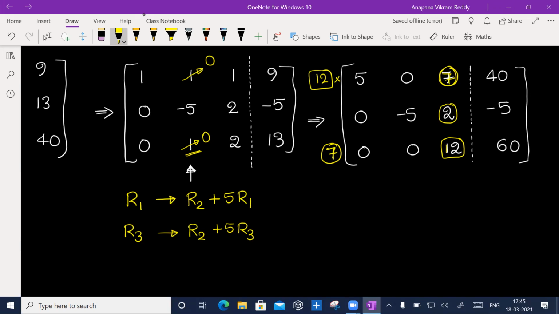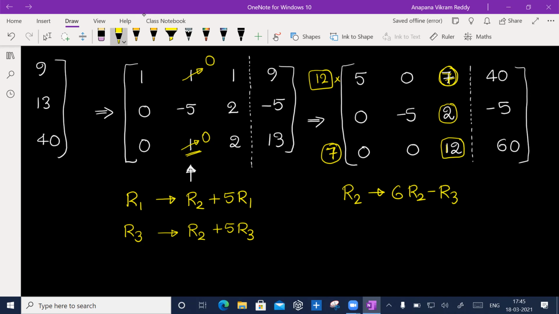I will tell you what to do finally. I take my R2. Can I say R2 is equal to 6 R2 minus R3? That is simple. My ultimate goal is to make this 2 as 0, not 12.